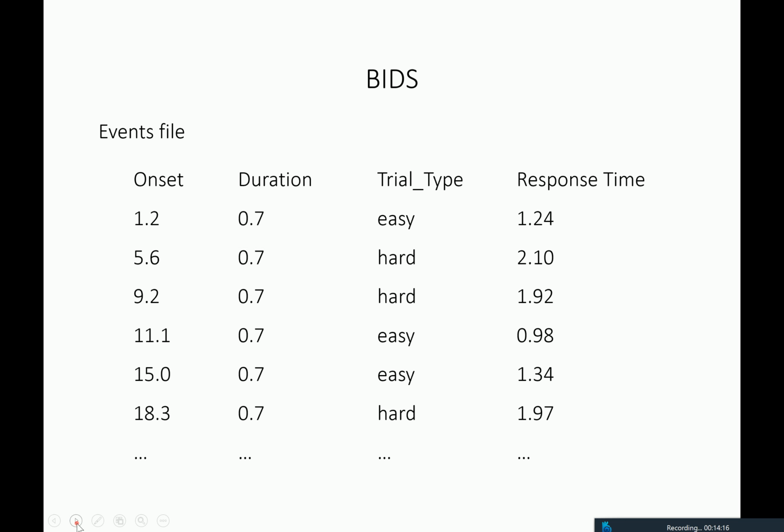The events files, which are the kind of essential metadata, or I would also just call it behavioral data, or whatever kind, or it's also part of the functional imaging data, essentially.